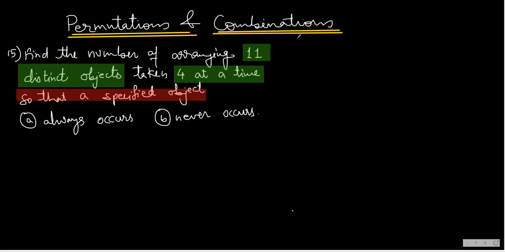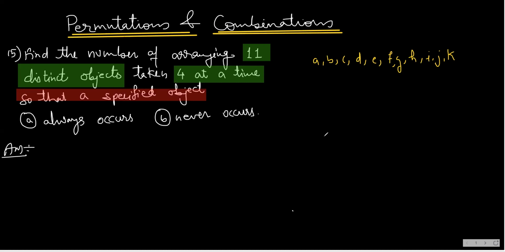So there are 11 objects. Suppose the 11 objects are A, B, C, D, E, F, G, H, I, J, and K. These are the 11 objects you have. From these 11 objects, you are taking 4 objects and doing the arrangement.